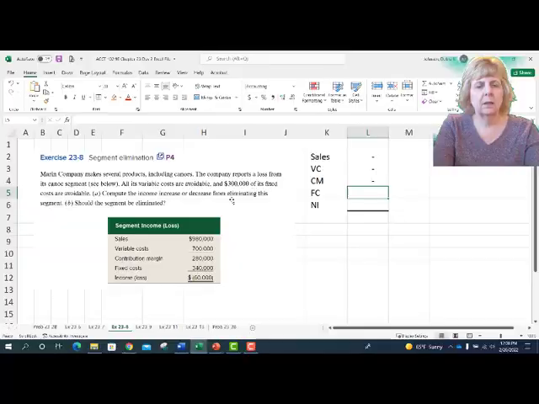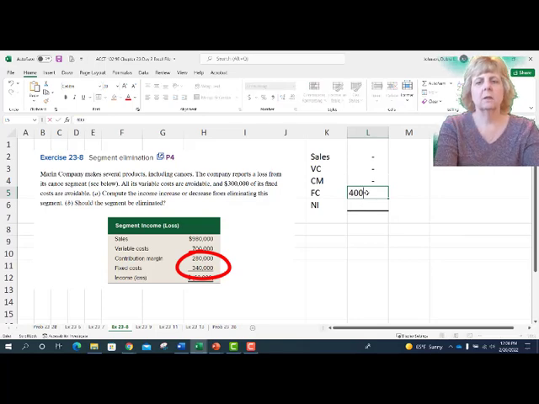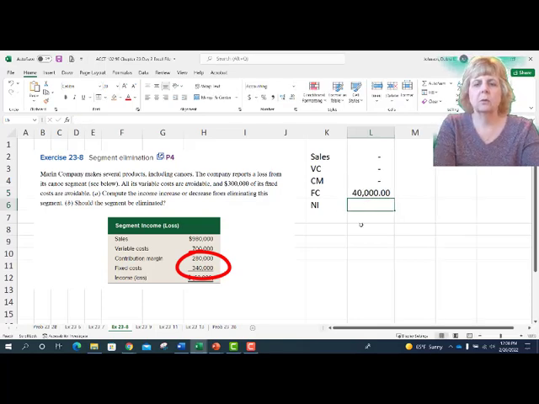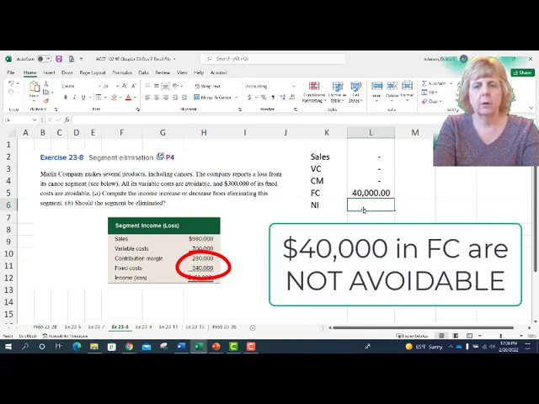That means if they eliminate the segment, they can get rid of $300,000 of fixed costs. Looking at the fact that $340,000 of fixed costs exist, that means that $40,000 of the fixed costs would still continue, which are unavoidable.